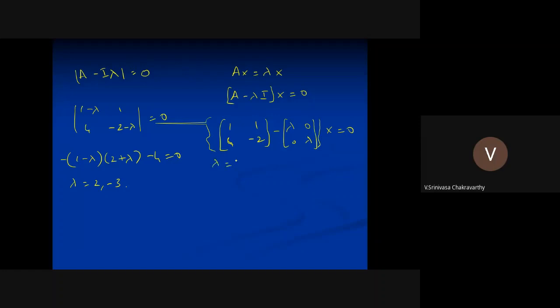So if you take lambda is equal to 2, right, you get 1 minus 2, that is minus 1, 1, 4, and minus 2, that's minus 4. Right. This times, let's say x1, x2 is equal to 0. So you can see that both equations are the same, right?